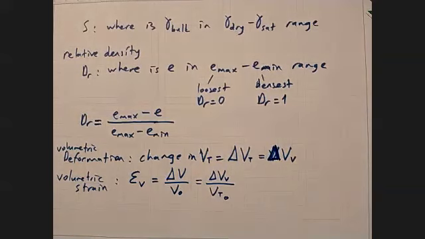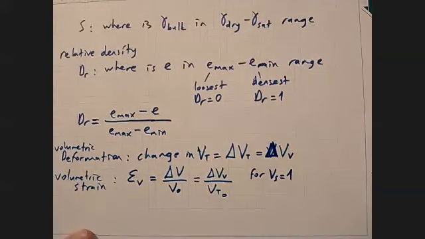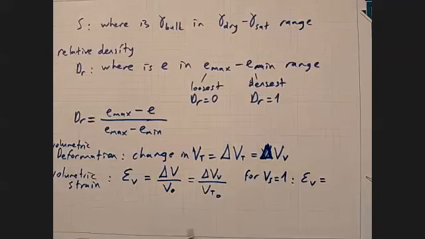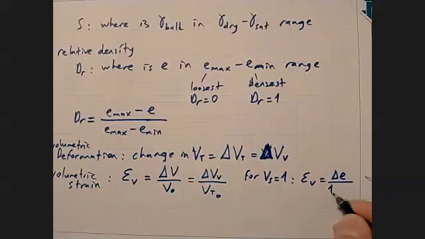Now, if you consider a volume of solids of 1, this would make your volume of voids E. So if your volume of voids is E, its change is delta E. And if your volume of solids is 1, your total volume is 1 plus E. I have a 0 there as well, so in the original state.